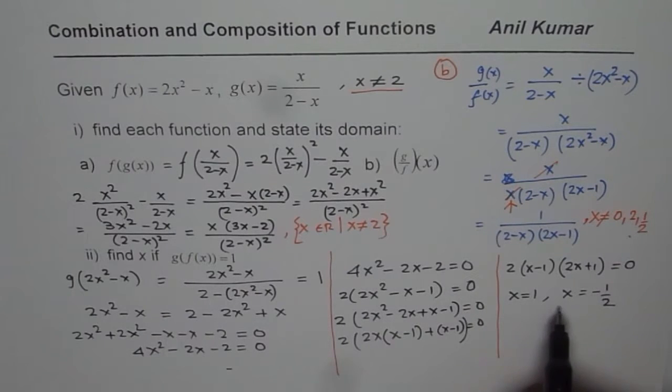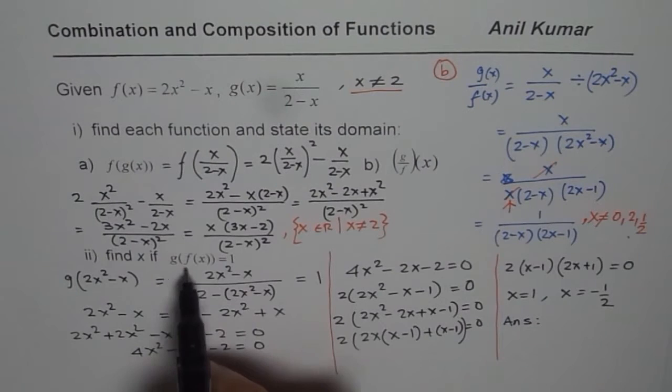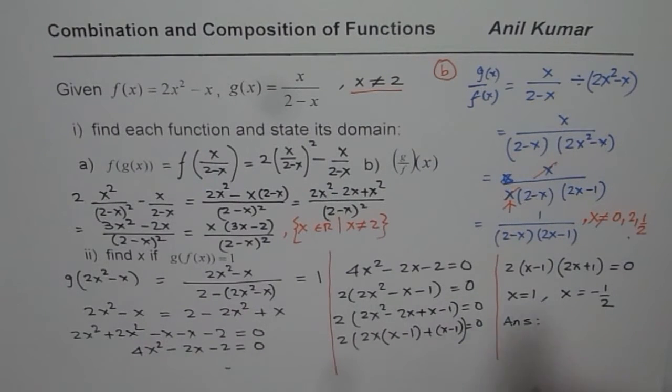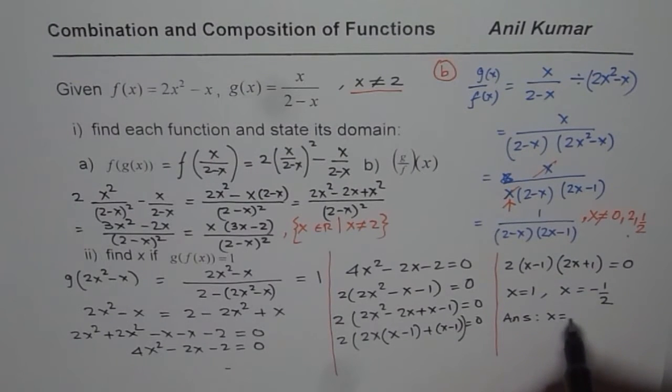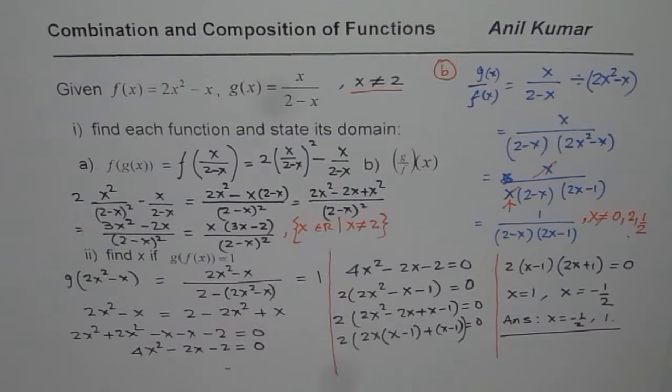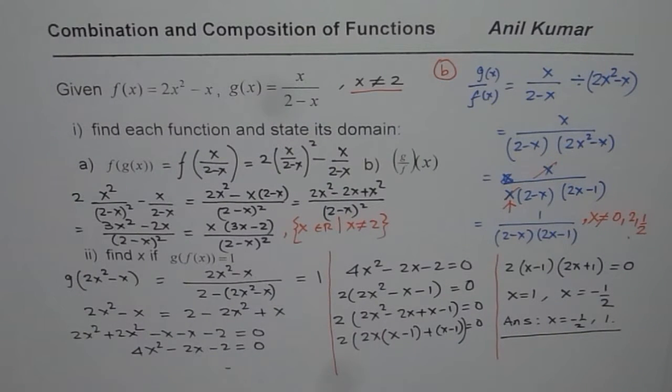Correct? So in this case, we have two solutions, and our answer is that g of f of x equals 1 for two values. First value is x equals minus half, and the other one is 1, right? So these are the two values for which g of f of x is 1. Now, as an exercise, you can verify this also.